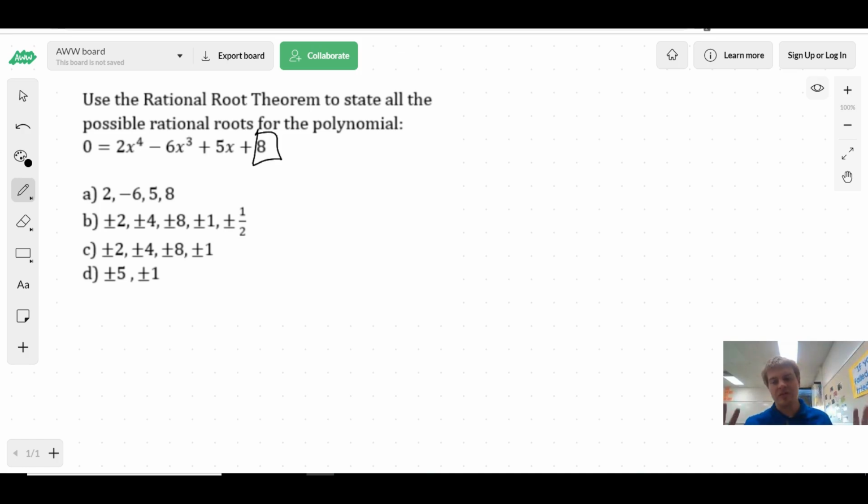So if this final number can be divided, then the rest should. So when you're looking at the answers to this, it'd be anything that can divide 8, which would be 2, 4, and 8, and 1, and the plus or minus would work for that. And normally it is that easy.